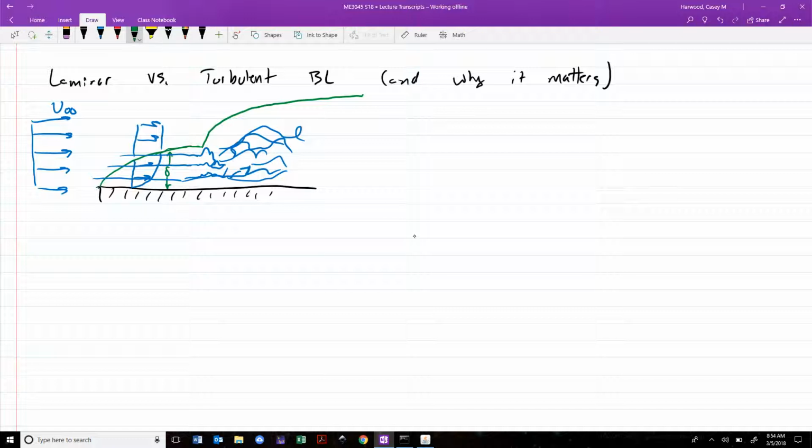So we would say that upstream of this we have laminar flow, which is well organized.